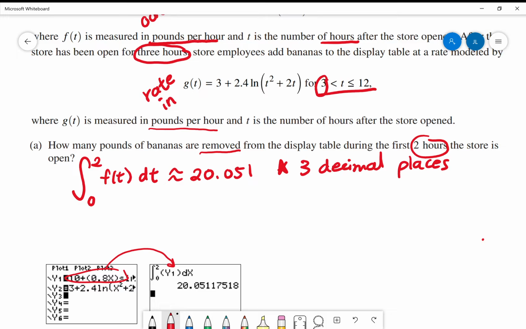And this is it, right? 20.051. Even though it is not being asked, it's always a good habit to develop to keep the units after the answer, and this is in pounds. So once you have 20.051 to 3 decimal places, move on to part B.